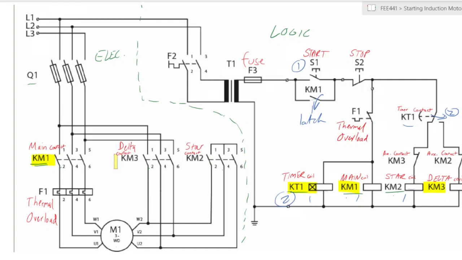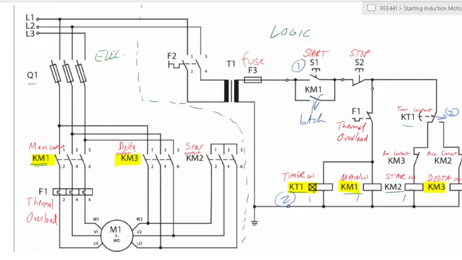So here we have now switched off the star contact and we have switched on the delta contact, so that now your motor is connected in a delta configuration. You can see W2 loops back and connects to U1, and then U2 loops back and connects to V1, and V2 loops back and connects to W1. So it's connected in a delta configuration.